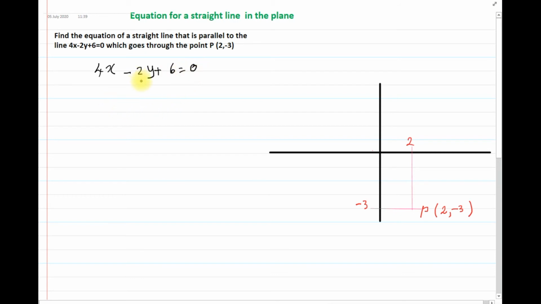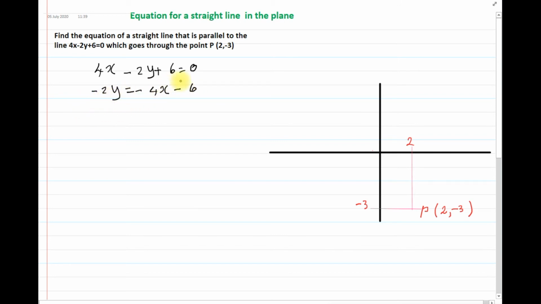So I will make y the subject of this formula. So I'll write 2y is equal to minus 4x, and minus 6.